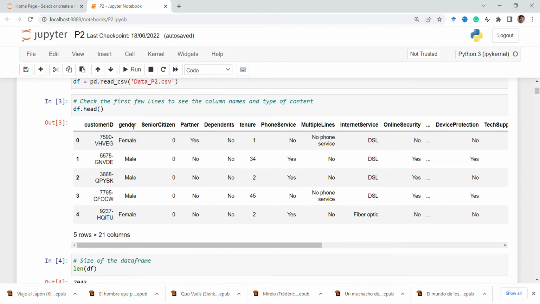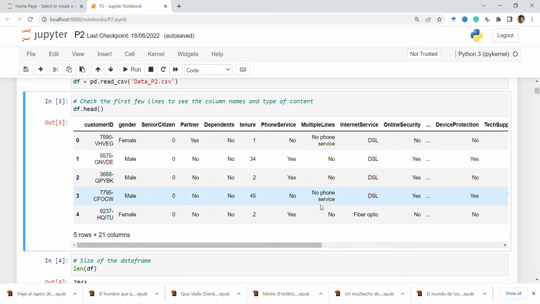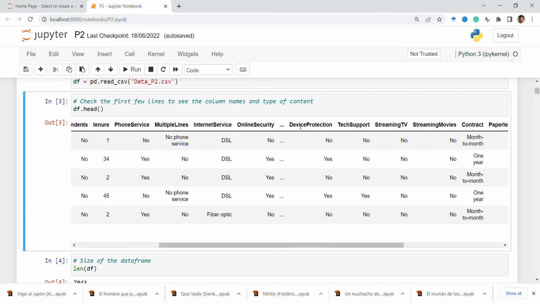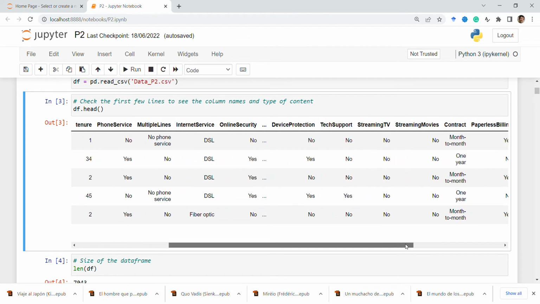So we have the gender, whether they are old people or not, whether they have a partner, dependents. This tenure is the number of months that this person has been with the company, and then whether he or she has a phone service, multiple lines, internet service, a number of services given by the company.